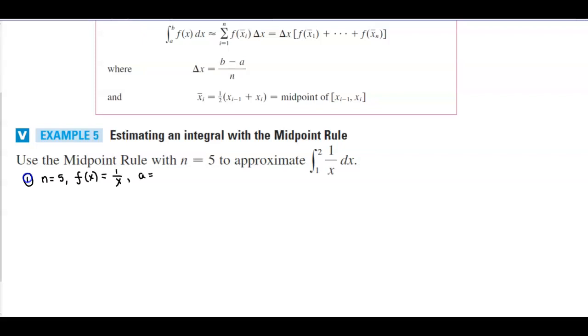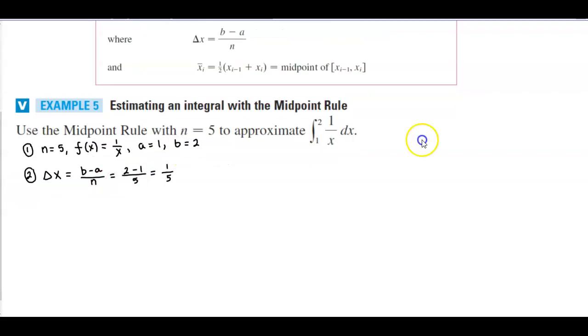We also know that a, the lower limit, is 1, and the upper limit is 2. So let's find delta x. That's going to equal b minus a over n, so we have 2 minus 1 over 5, which gives us 1/5.